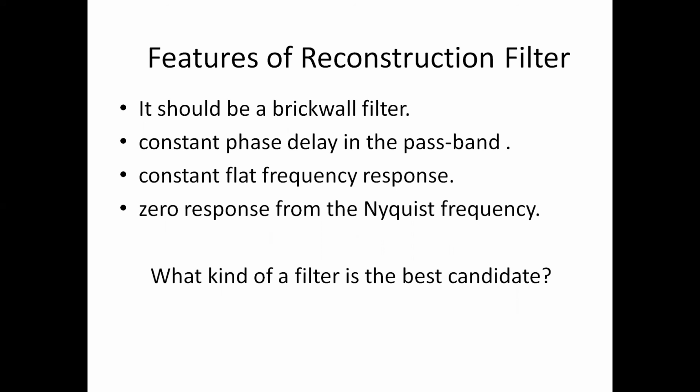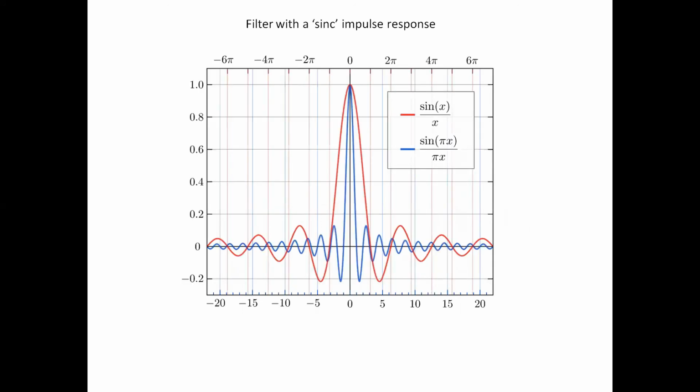It should have a constant phase delay, which has been denoted in the analytical treatment using the term T_D. It should have a constant flat frequency response and zero response beyond the Nyquist frequency. So what kind of filter is the best candidate? The sinc filter is the best candidate for a perfect reconstruction filter.